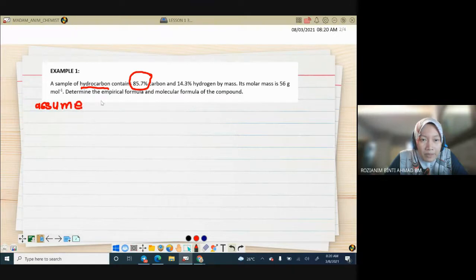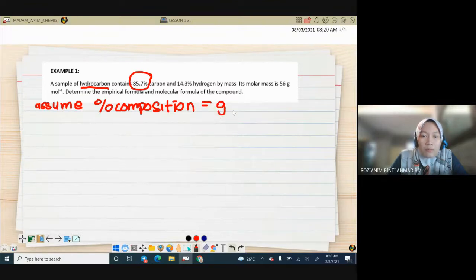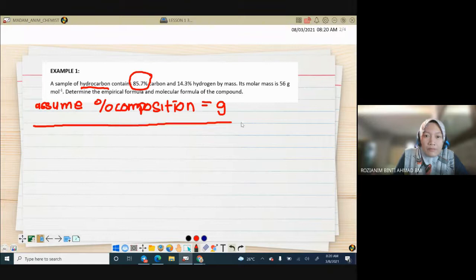Okay. Percentage of the composition is equal to the unit gram of composition. Okay. So what should you do? Kita kena construct table. So our table consists of what? Okay, so the first column should be kita punya label.